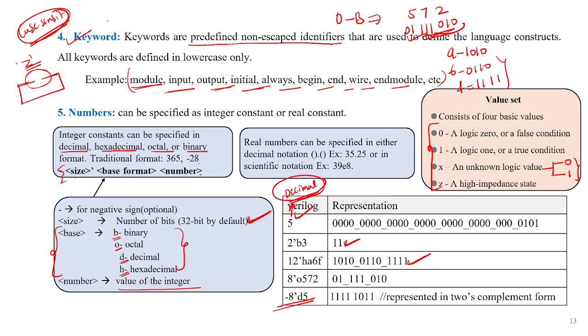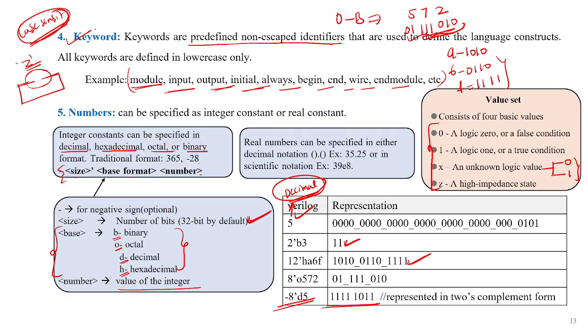Two's complement. Yes, it will be stored in terms of 2's complement. What is the reason for storing in 2's complement? Can anyone say? Addition is simple. We need not convert it into any other format. No, that is not the answer.